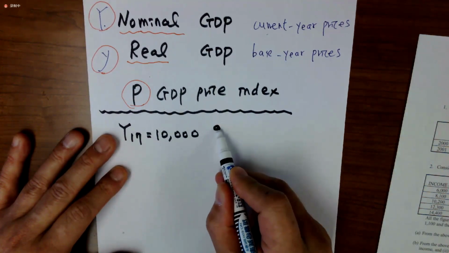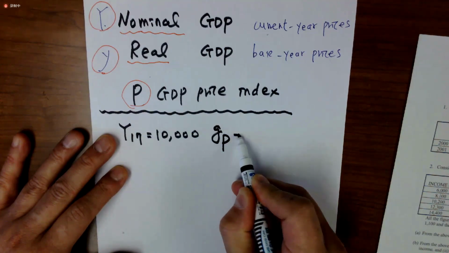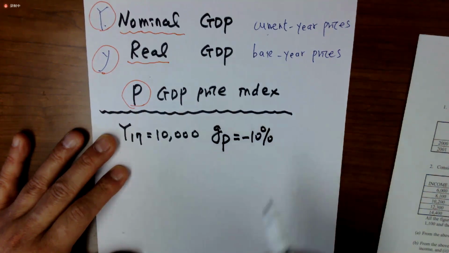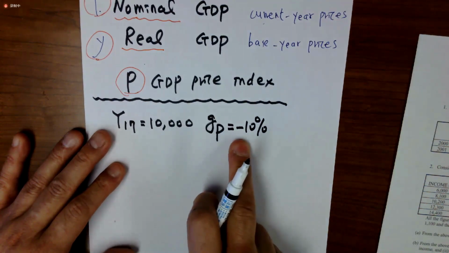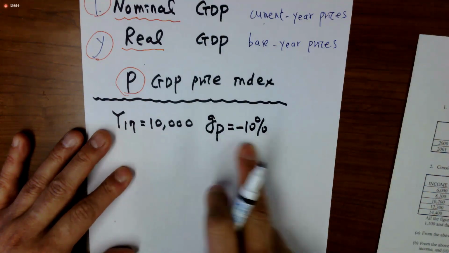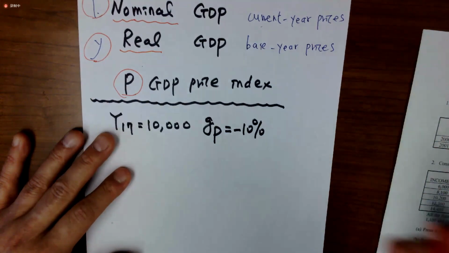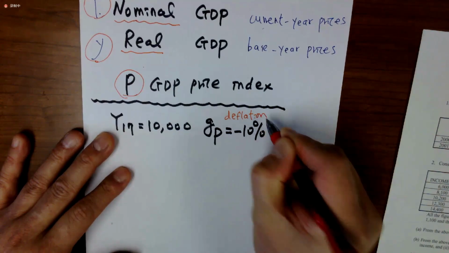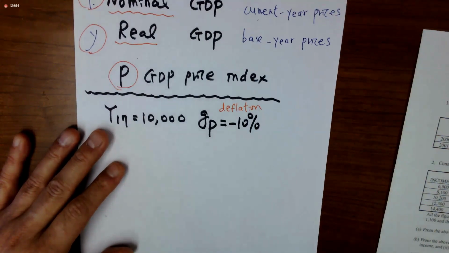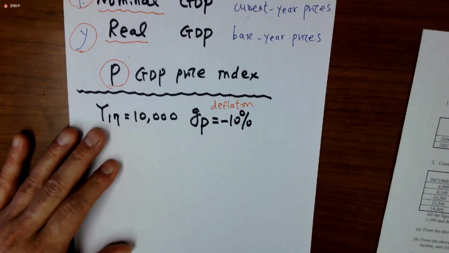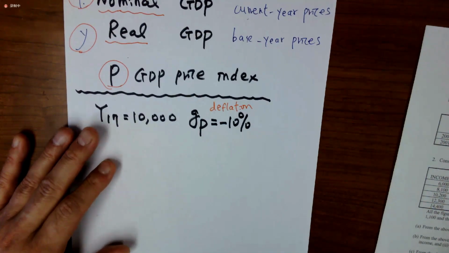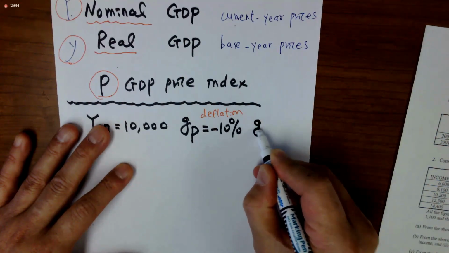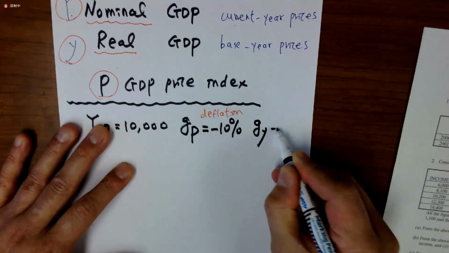So that's the growth rate of GDP price index is equal to 10% minus. So when you have a negative inflation rate, what does that mean? That means that the economy is experiencing so-called deflation. Prices are falling down. And then finally, the question is giving us the growth rate of real GDP is also equal to 10%.